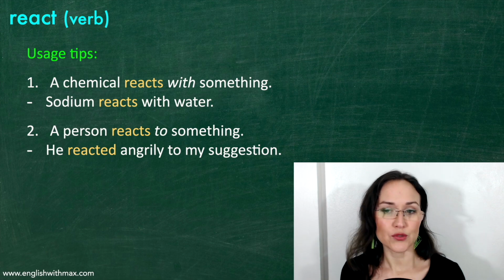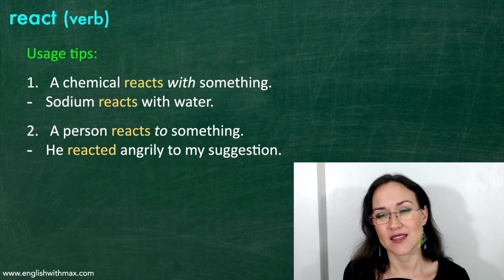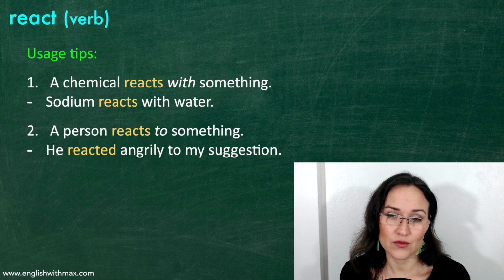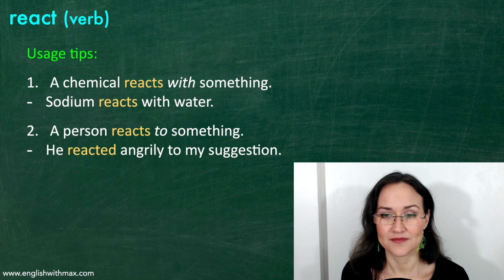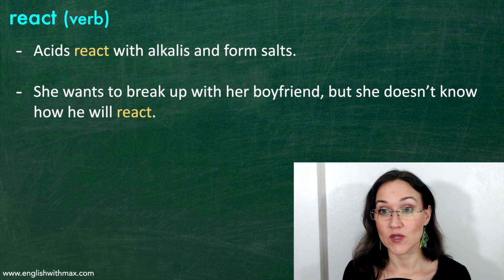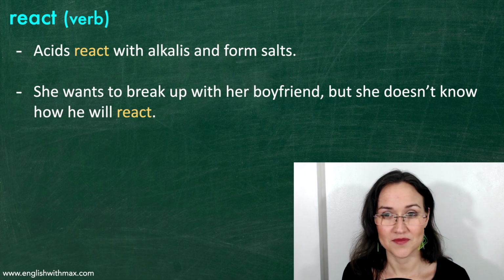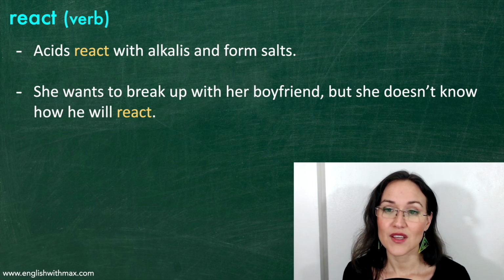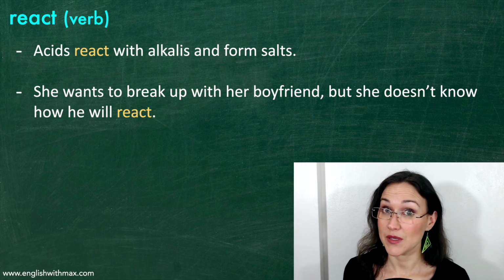You don't need to put a preposition after react, but these are the prepositions you need to use if you want to put a noun after it. Acids react with alkalis and form salts. She wants to break up with her boyfriend, but she doesn't know how he will react.